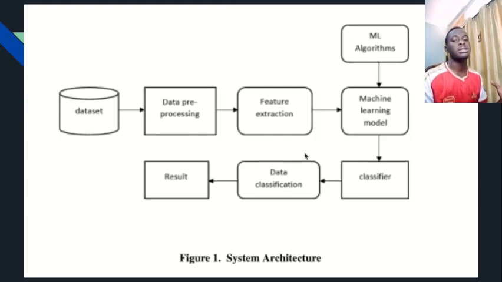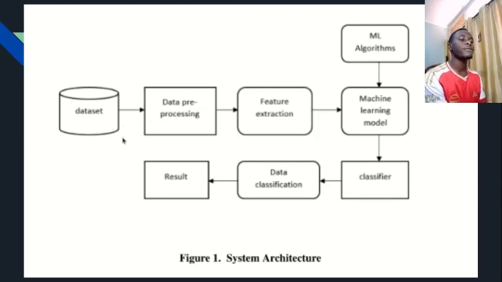Feature extraction is literally selecting only the features that we want our algorithms to base on in order to generate outputs. Then we put it into our model, and we are good to go.